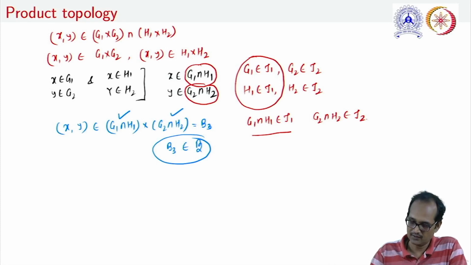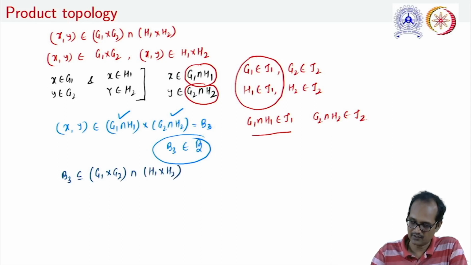Only one step remains, that is to justify that B3 is a subset of (G1 cross G2) intersection (H1 cross H2).